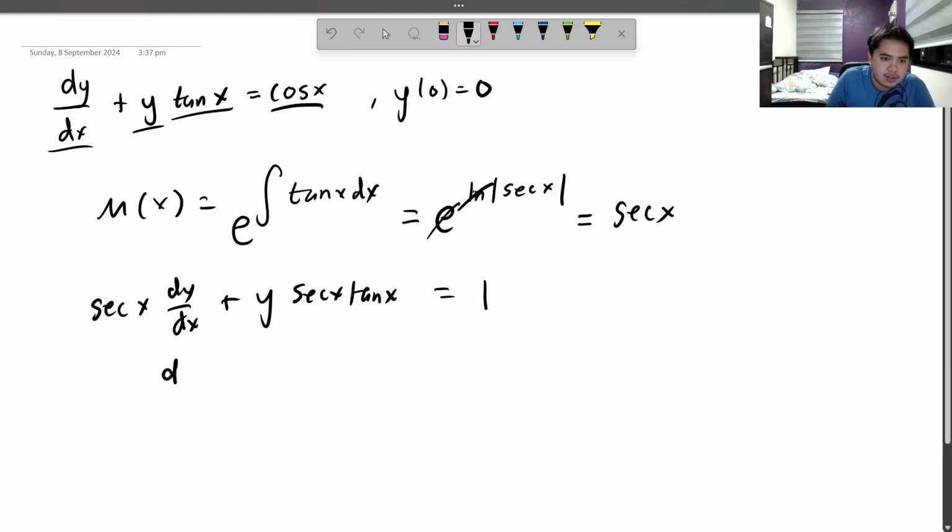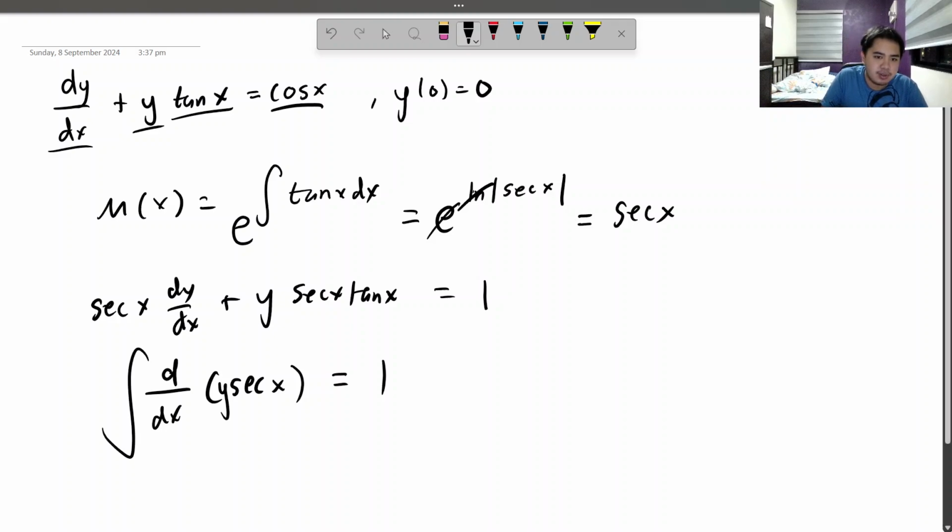So now this is obviously d over dx of secant x times y. Let's put y here so we don't confuse it with secant xy. Then we put 1 here, just 1. So now we integrate both sides with respect to x. Again, derivative and an integral cancel each other out, so we just get y secant x.